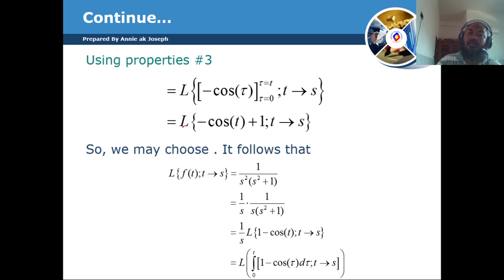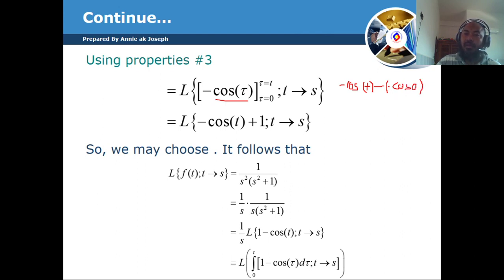So we have the Laplace of minus cos t minus minus cos 0.